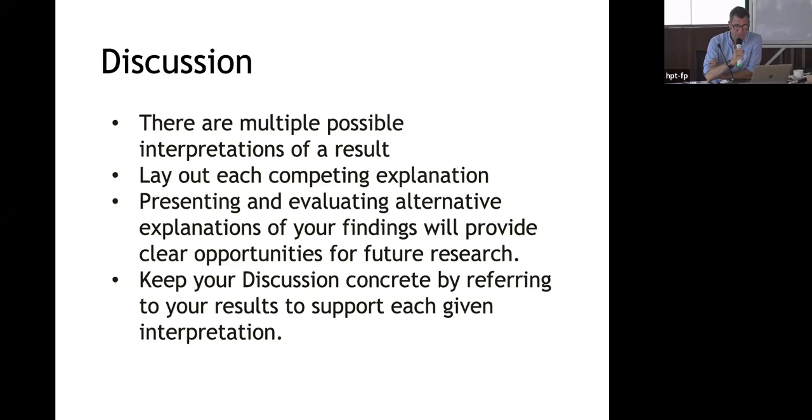So what do you include in the discussion? You have results, but you have to think about the multiple interpretations of your results. Then you have to lay out the potential explanations and why you think that your explanation is the right one and the justified one.